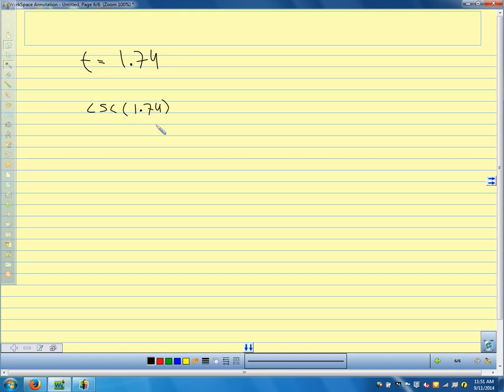Your calculator doesn't have a cosecant button. So to calculate this, you need to do 1 over the sine of 1.74. You need to find the sine of 1.74 and do the reciprocal. It is not the same as this. You're not going to use that button. That's the inverse sine, which is different than the cosecant.